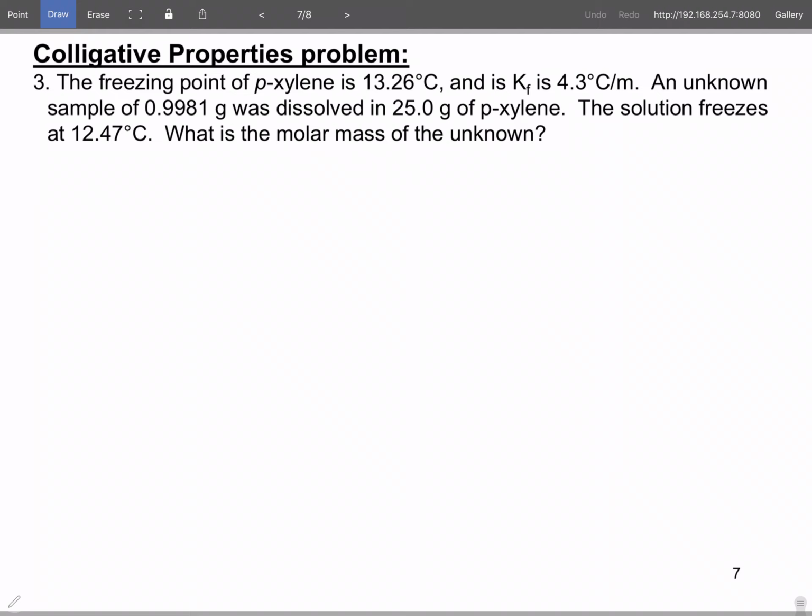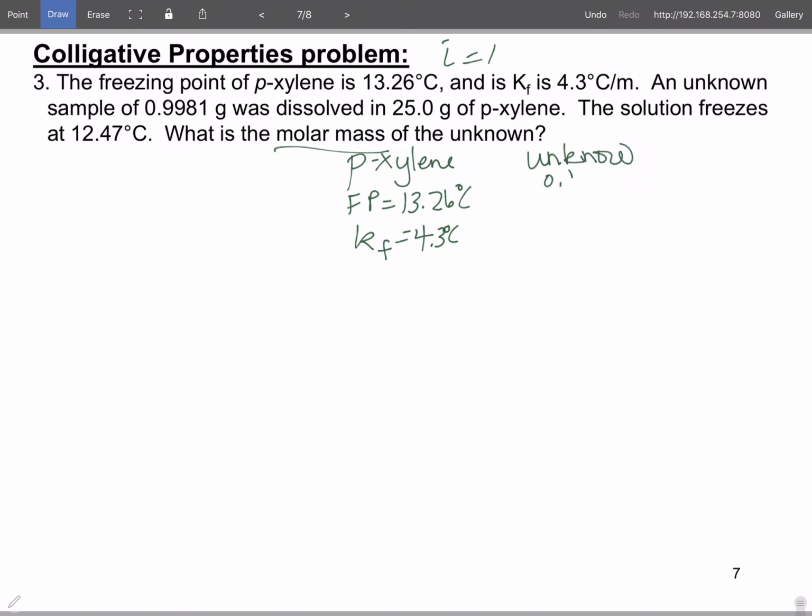So on this next one, again, we're still dealing with an unknown sample with the molar mass. So i is still going to be equal to 1 here. And our solvent is paraxylene. So we know that the freezing point is equal to 13.26. Kf is equal to 4.3 degrees C. Our unknown is 0.9981 grams.